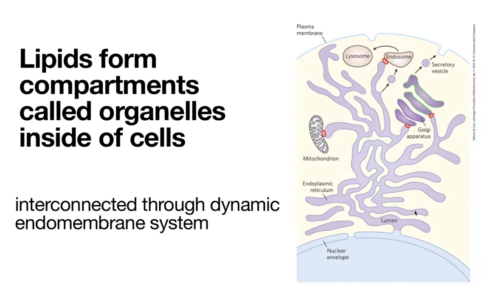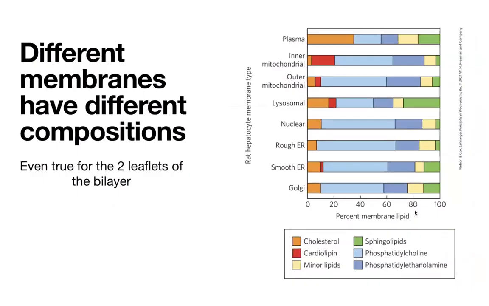But then we have smaller compartments like our lysosomes, which break things down, and endosomes, secretory vesicles. We have all sorts of these membrane-bound things that are all interconnected through this dynamic endomembrane system. And different membranes within that system actually have different compositions. So we saw all that variability we could have with our fatty acids, with our phospholipids, with our glycolipids, all those various things.